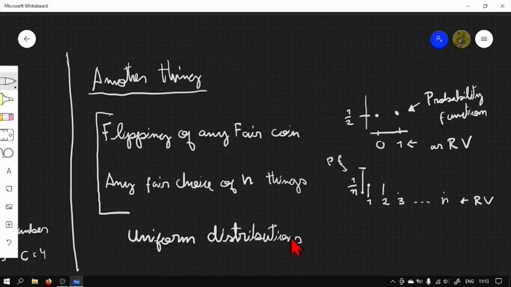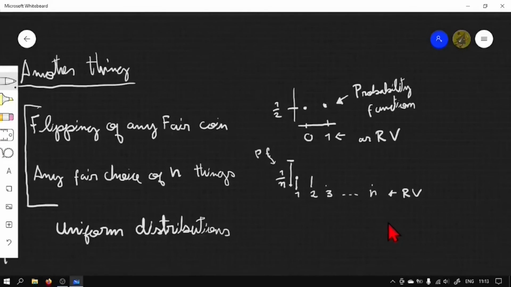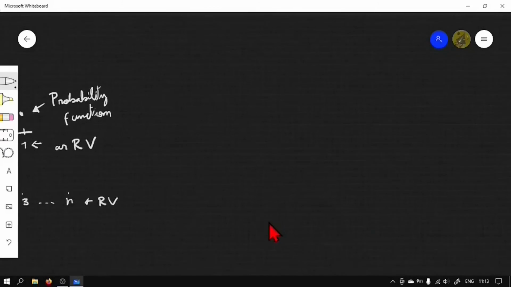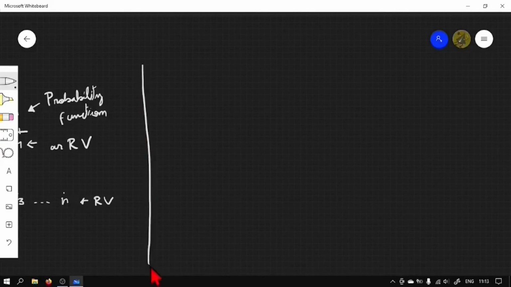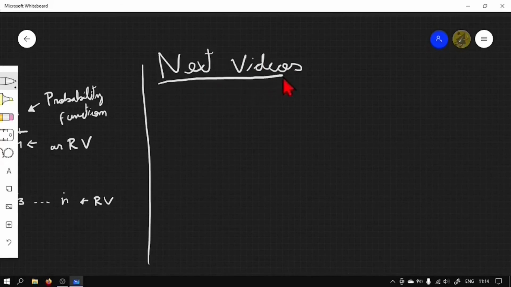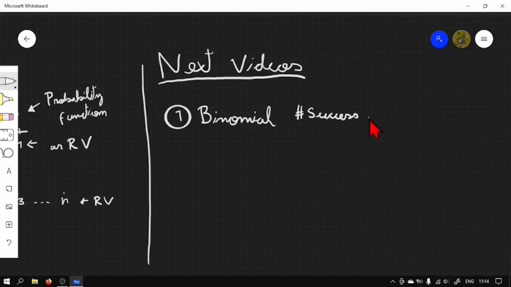We will see in the next videos more examples of random variables plus probability functions that describe a big variety of examples of experiments and sample spaces. And here we will have an index of how we will see them. First, the binomial distribution. This one is about the number of successes in n trials.